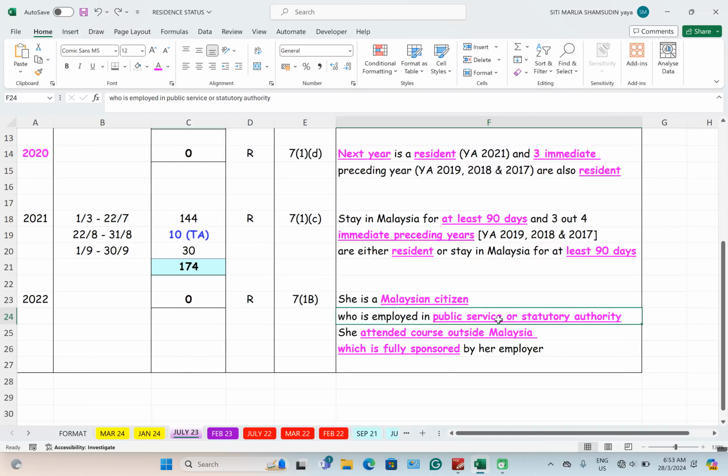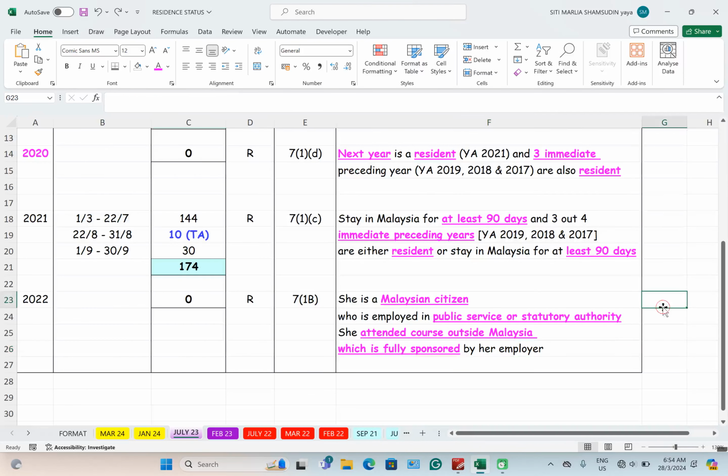Also correct. Number 3, mention while she was in New Zealand, she attended course outside Malaysia. And then number 4, make sure when she attended the course, it must be fully sponsored by her company. So number 4, which is fully sponsored by her employer.